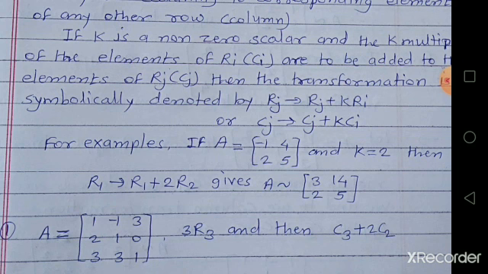This means each element of the second row is multiplied by 2 and added to the first row: 2 into 2 is 4, plus minus 1 gives 3, and 5 into 2 is 10, plus 4 gives 14. So the first row changes to 3 14 and the second row stays 2 5.